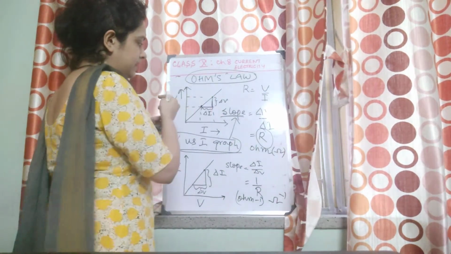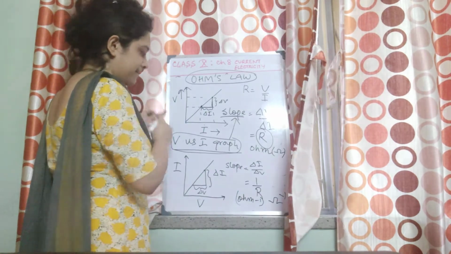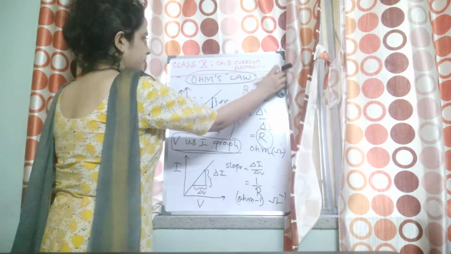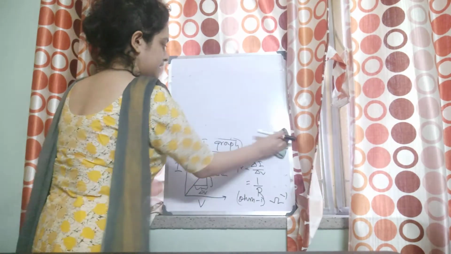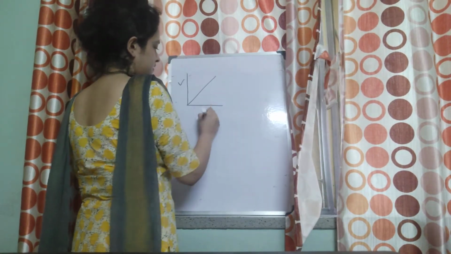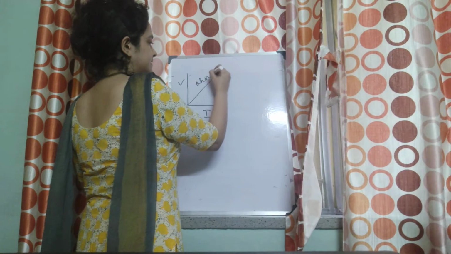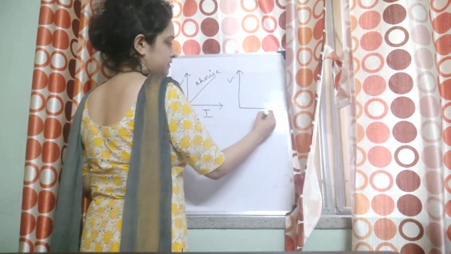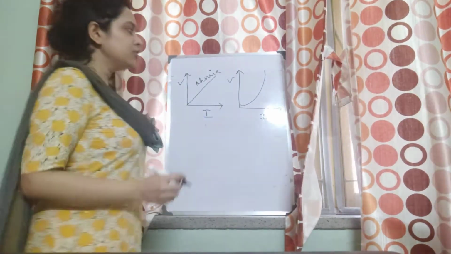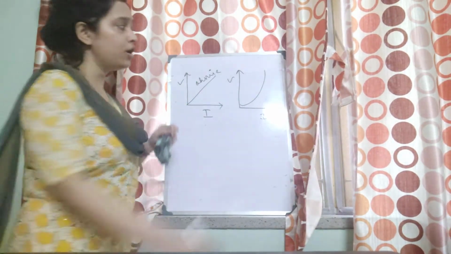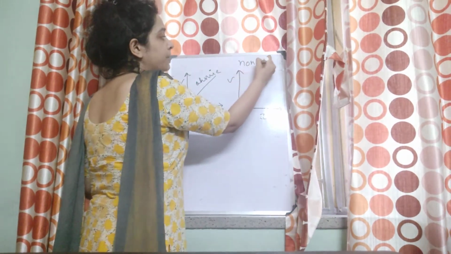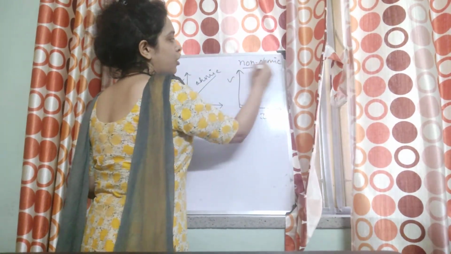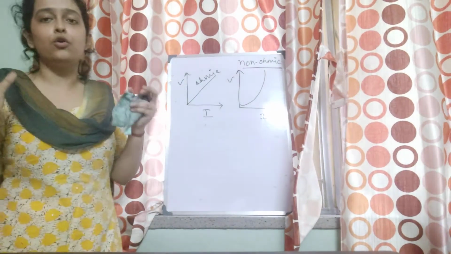This is not linear. If this is the graph for ohmic conductors, you find a non-linear graph for non-ohmic conductors. Non-ohmic means they do not follow Ohm's law.